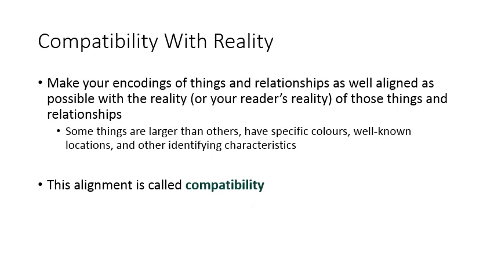So I also talked about making your visualization compatible with reality for the user. So make the encodings of things in your relationships as well aligned as possible with your reader's reality of those relationships. So if you're representing shapes of trucks or cars, generally trucks are bigger than cars, so try to use that ordering.